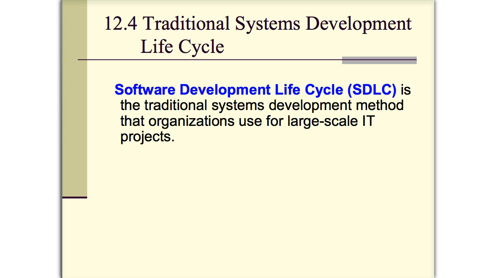It's used for large-scale, mission-critical projects because it's very document-heavy. It can be very cumbersome. And so it's the methodology you use when you're implementing a system that's going to affect the entire organization, or that is a key part of your operations.